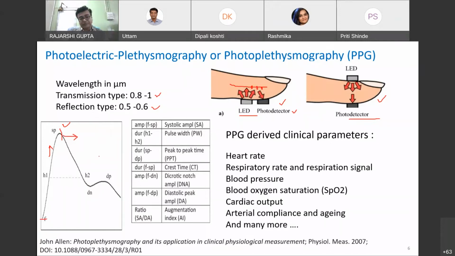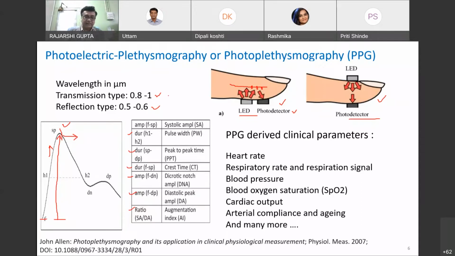Now I have shown some of the morphological features that we call PPG time domain features, which are very important for certain physiological measurements. For example, if we consider this height from the baseline, it is a direct measure, directly proportional to the arterial blood pressure.